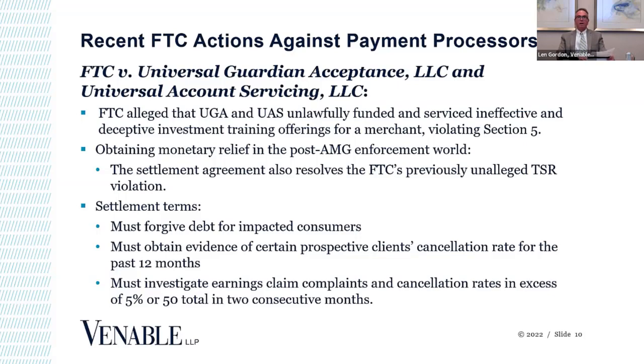The FTC alleged that UGA knew or should have known that OTA was deceiving consumers. And in the complaint, they rely heavily on documents from UGA's file, noting complaints from consumers, suspicions that people had at UGA, complaint rates, cancellation rates.